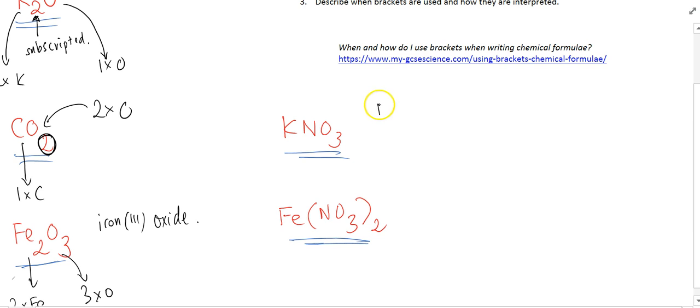KNO3, potassium nitrate, is an interesting one. It's interesting because the nitrate, the NO3, I'll just draw a dotted box around it.